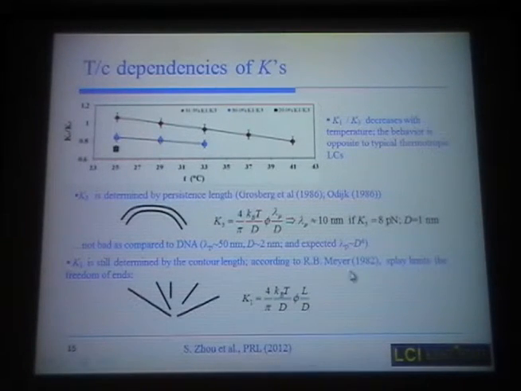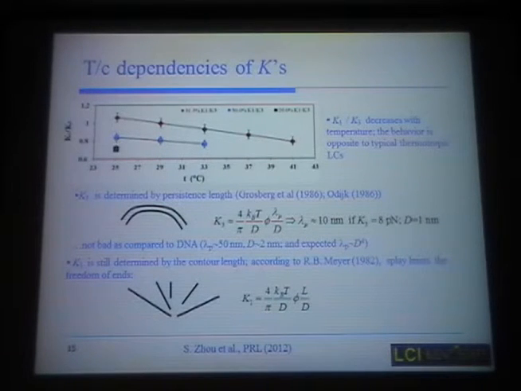Another observation was made by Bob Meyer, who said, look, K1 should not depend on the persistence length. What it should depend on is the contour length, the entire length from one end to another end of the molecule. And it doesn't matter much whether the molecule itself is wobbly and flexible.